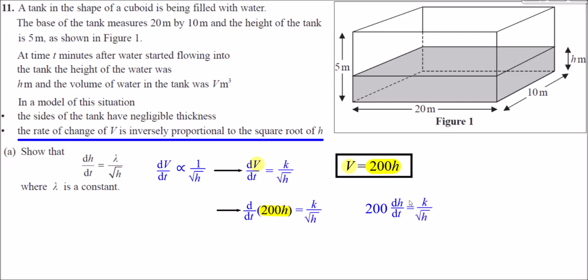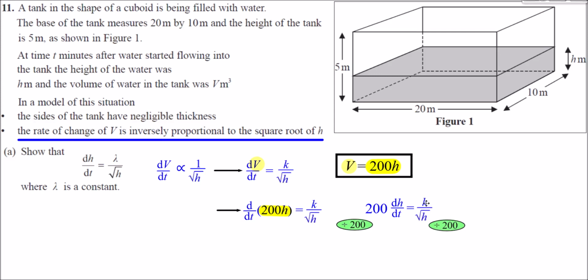Now though, I can isolate dh by dt by dividing both sides of this by 200, and if we do that, what we'll see is dh over dt is going to be k divided by 200 all over root h. If I'm taking k, which is a constant, and dividing it by another number which is a constant, I'm just going to get a new constant.